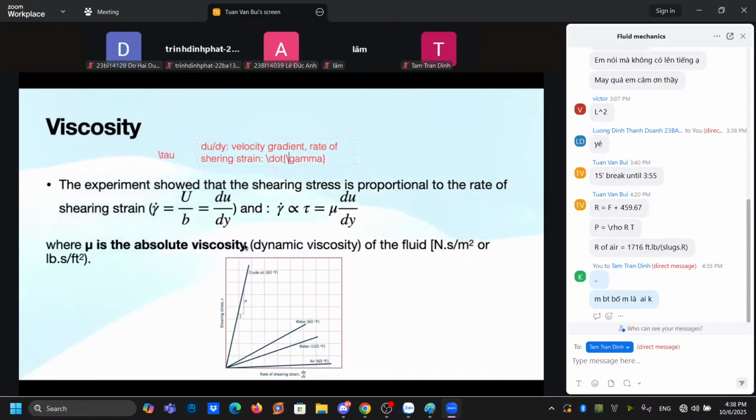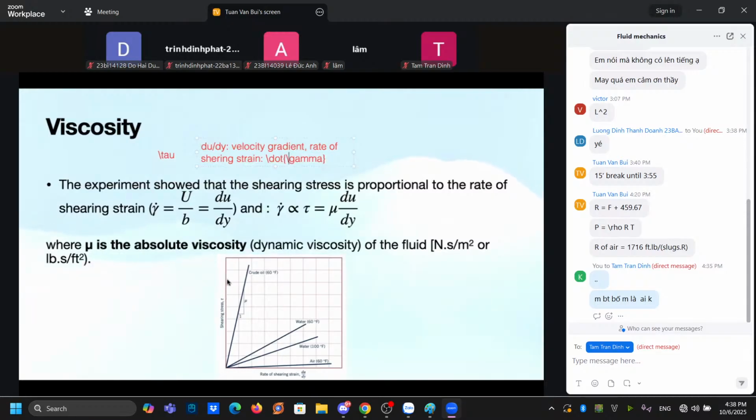We can see in this figure the rate of shearing strain, meaning how velocity varies in the y direction, for some fluids. We have air at 60 degrees Fahrenheit, where the shearing stress is small. Then we have water at 100 degrees Fahrenheit, water at 60 degrees Fahrenheit, and crude oil at 60 degrees Fahrenheit.